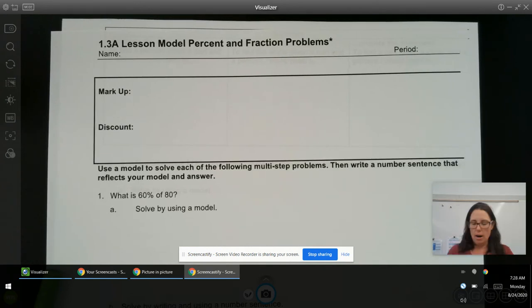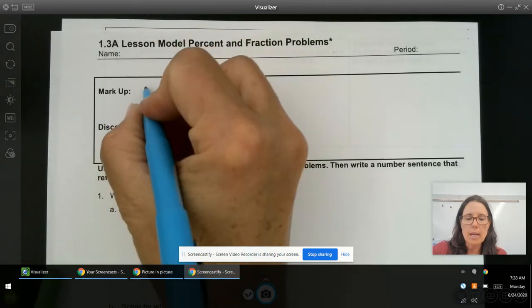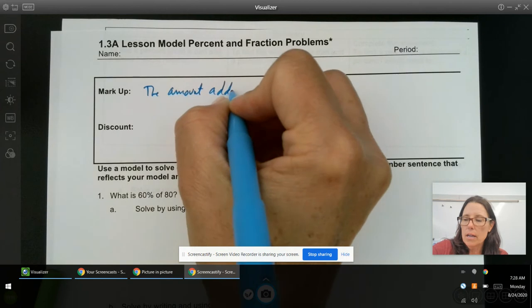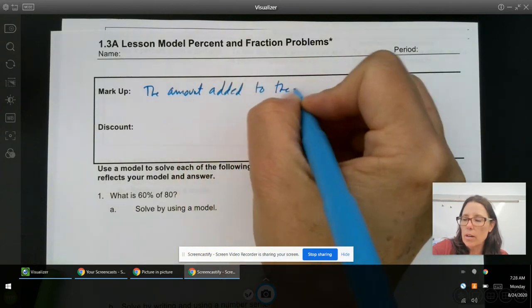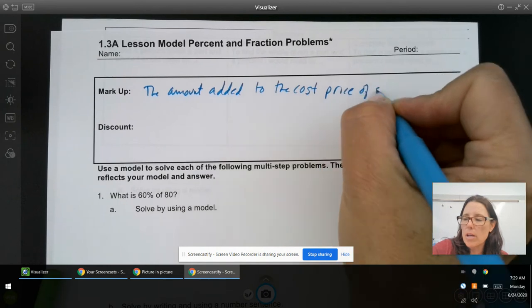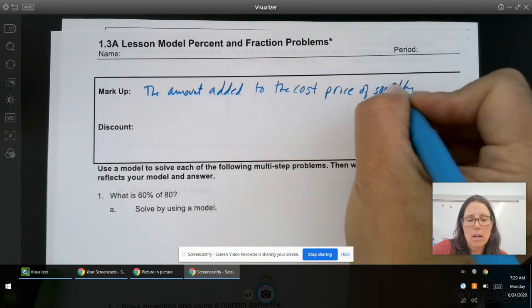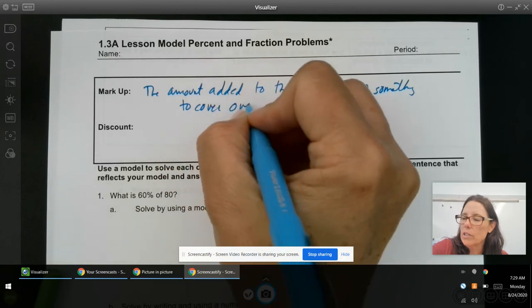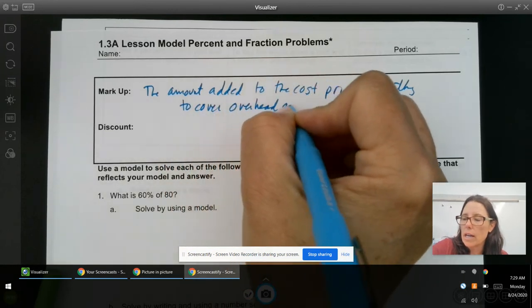All right, so let's get a couple of definitions down first. The markup. Markup is the amount added to the cost price of something to cover overhead and profit.